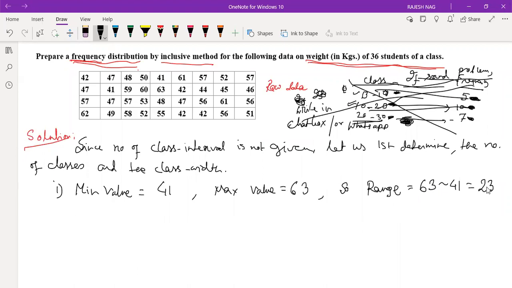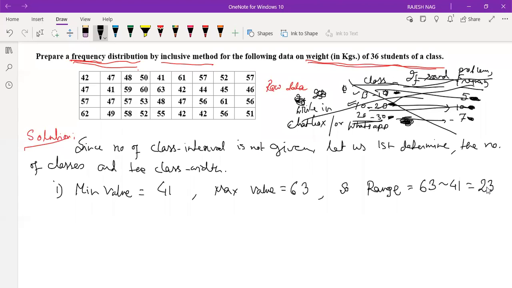For example, there are five students whose ages are 2 years, 3 years, 4 years, 5 years, 6 years. So what is the range? Maximum is 6, minimum is 2.